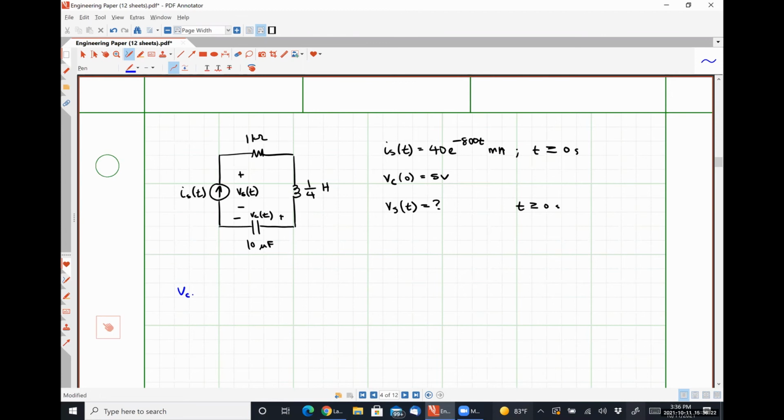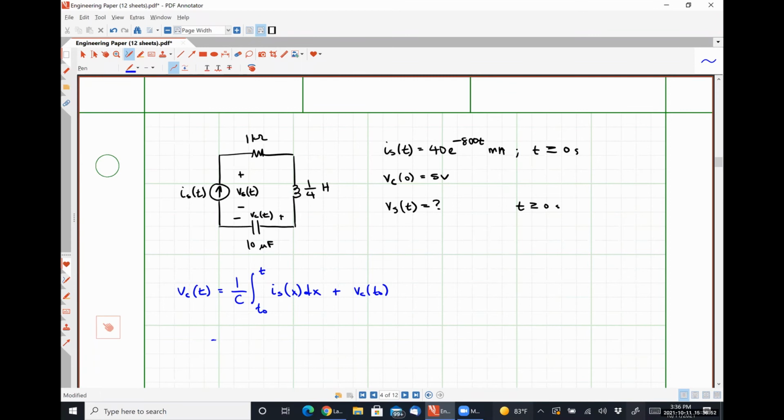So Vc as a function of time is going to be 1 over C times the integral from t naught to t of our current, plus our initial condition Vc at t naught.